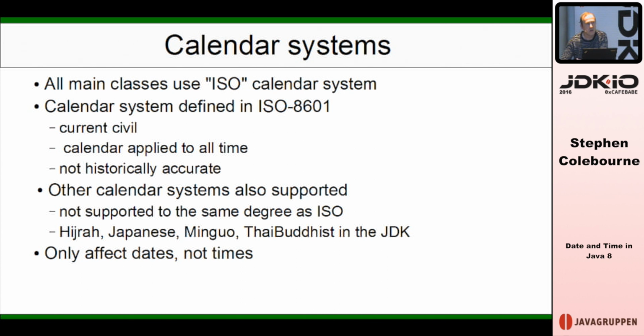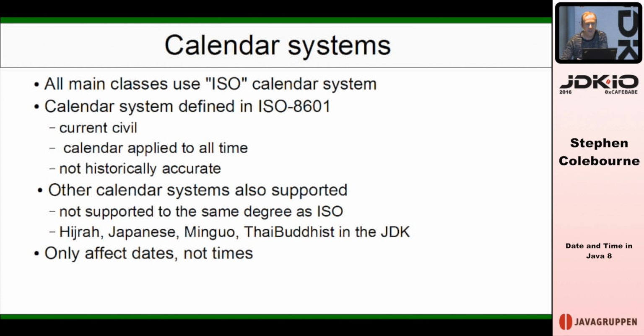If you do want more, there's a library called ThreeTen-Extra, which you'll find on GitHub and in Maven Central, where there are a number of other calendar systems, mostly weird and wacky, artificially invented ones, but there are some real ones like the Coptic calendar system, and the Julian one is in there as well, plus the cutover that goes between the Julian and the Gregorian calendar. So, you know, and more are welcome. If you've got a calendar system you need to add, that's the place to add them.